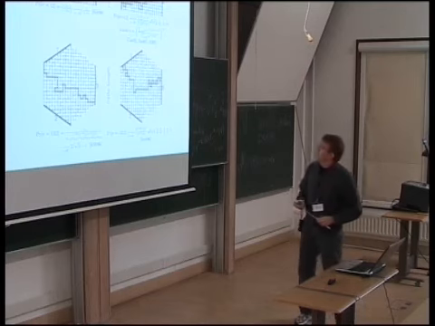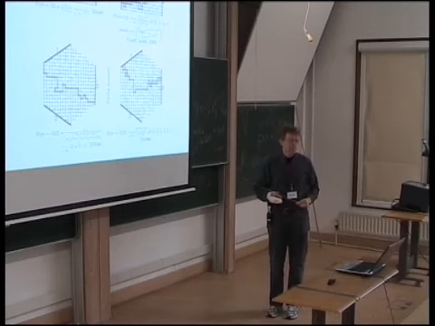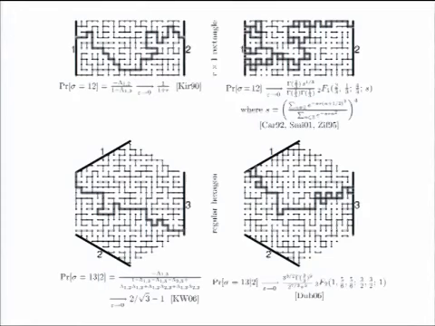Okay, so on the right here is the analogous event for percolation. Here all the bonds occur independently, and this is the probability that 1 and 2 are connected. It's given by Cardy's formula.